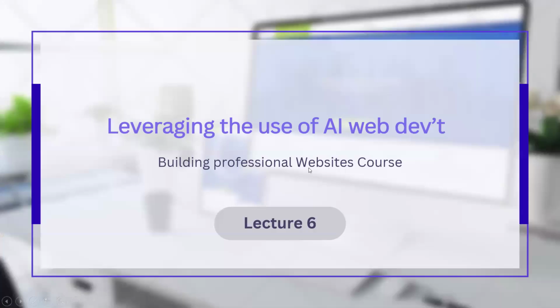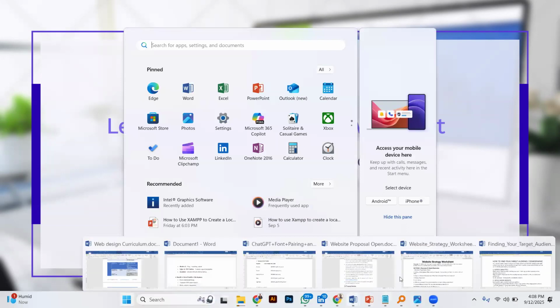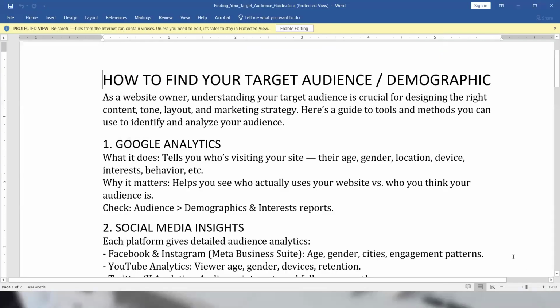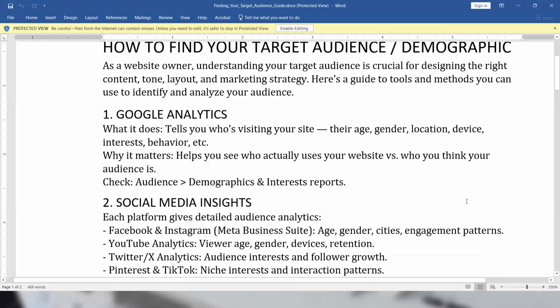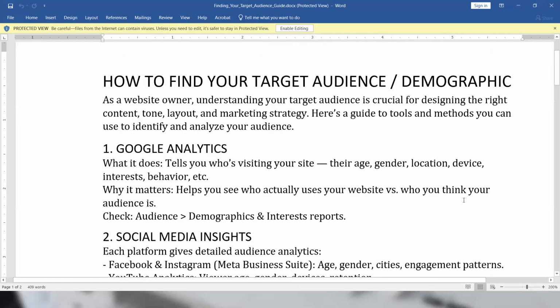Okay, so our point of emphasis in this discussion is how we can leverage the use of AI in web development. To begin with, I want to discuss something briefly. Usually, when you have made a choice to develop a website, there is much research that has to occur.